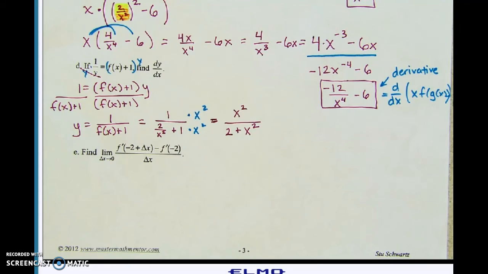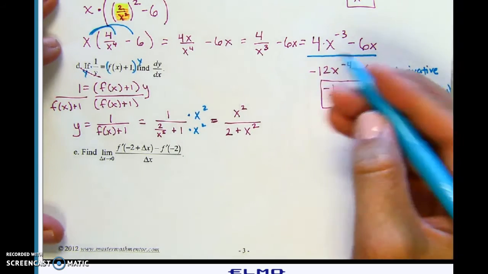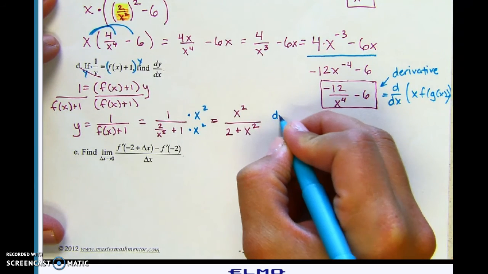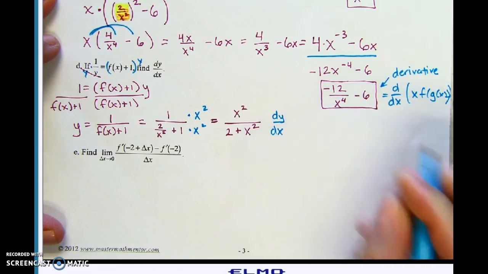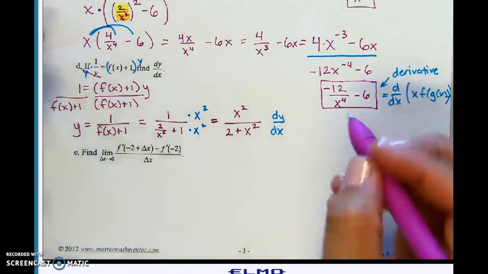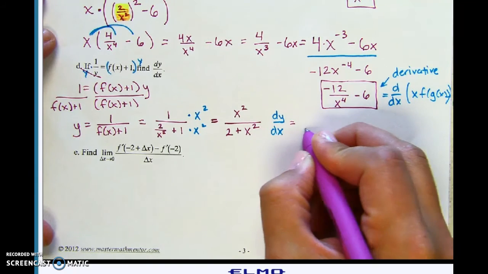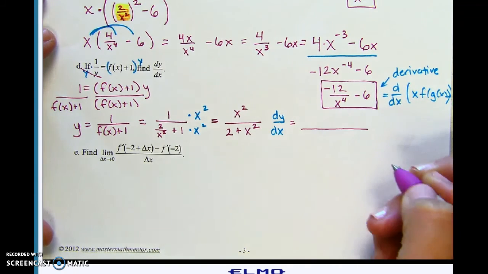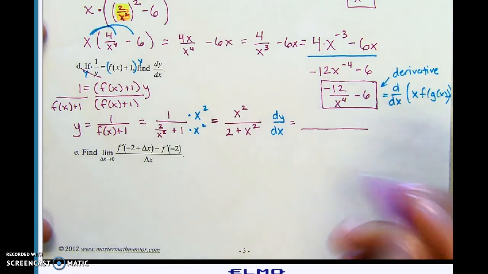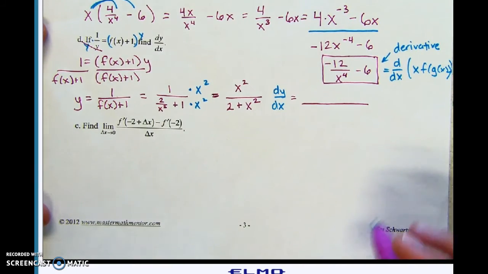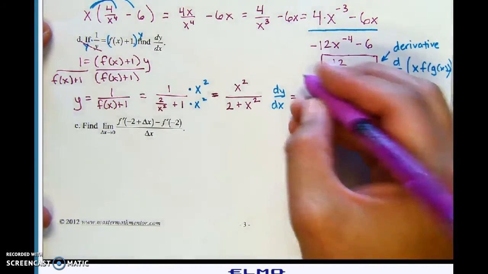A little easier? Yeah. So. How many times will I say so? Okay, ready? dy over dx will equal, got my labels down this time. What rule are we going to use here? Quotient rule. Here we go.